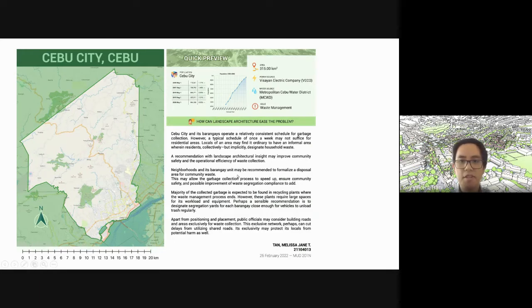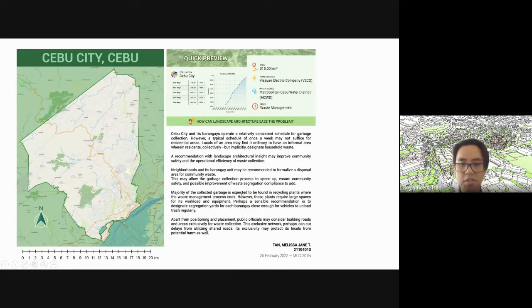As a recommendation with landscape architectural insight, this may improve community safety and operational efficiency of waste collection. Neighborhoods and its barangay units may be recommended to formalize a disposal area for community waste, and this may allow the garbage collection process to speed up, ensure community safety, and improve segregation, etc.